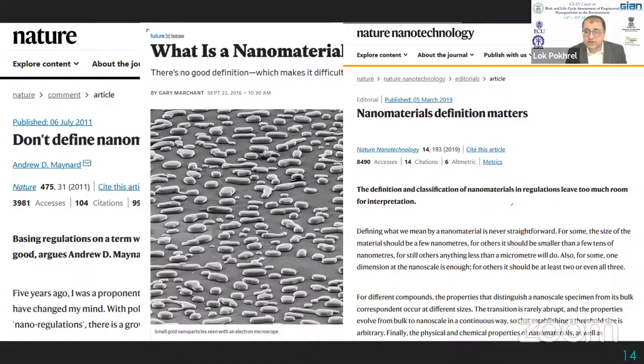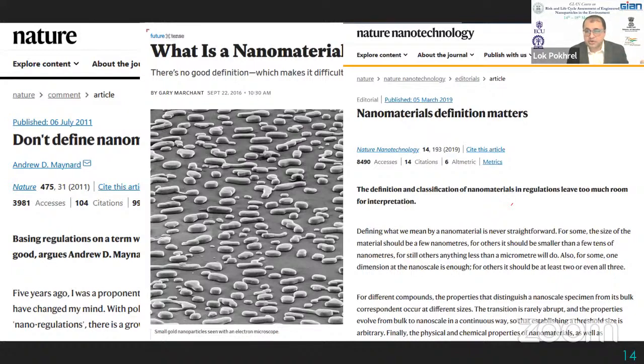The definition and classification of nanomaterial in regulations leave too much room for interpretation. So when you say size range 0.1 to 100 nanometer or less than 100 nanometer, or you say one dimension, there is so much gap in terms of how you define nanomaterials, or what constitutes nanomaterials.